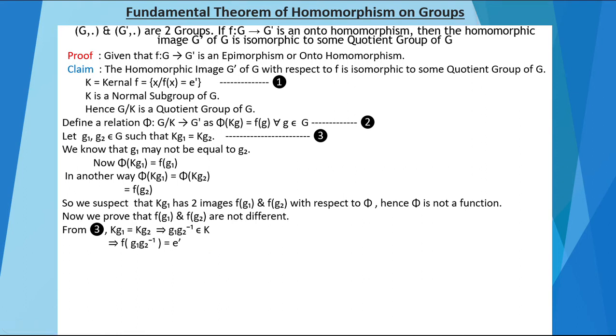Since f is a homomorphism, f of g1 g2 inverse is f of g1 into f of g2 inverse, which implies f of g1 into f of g2 inverse equal to e dash. Since f is a homomorphism, f of g2 inverse equal to f of g2 whole inverse. So f of g1 into f of g2 whole inverse equal to e dash.